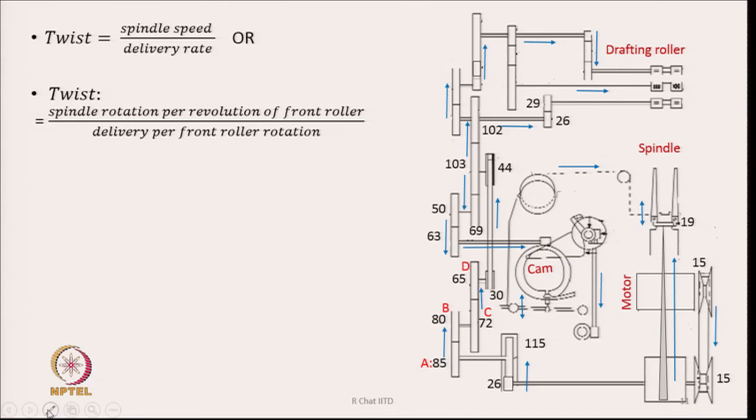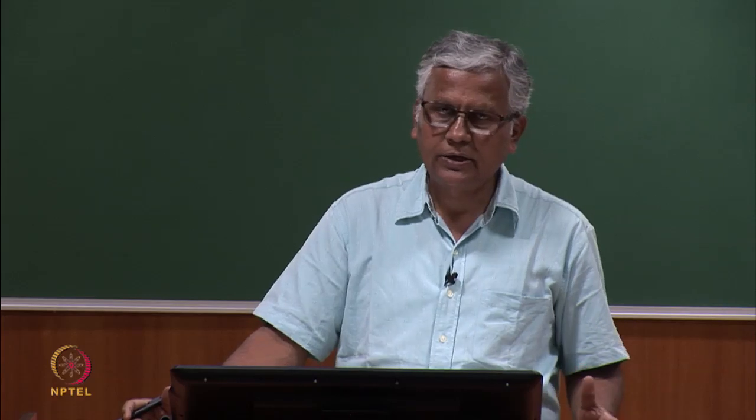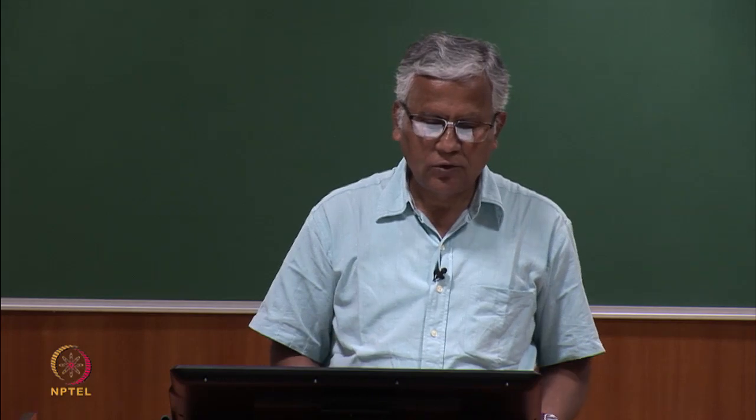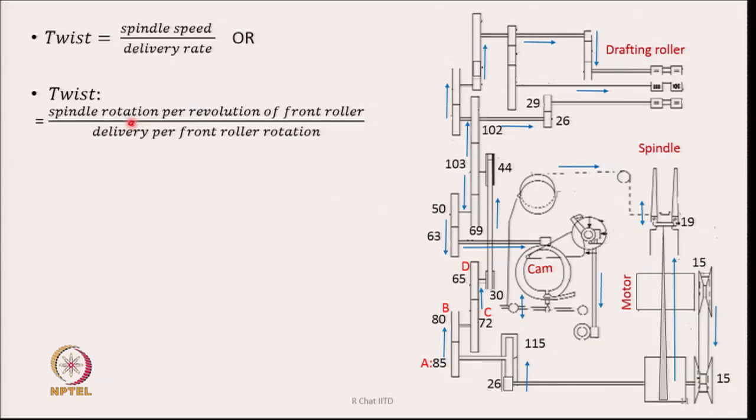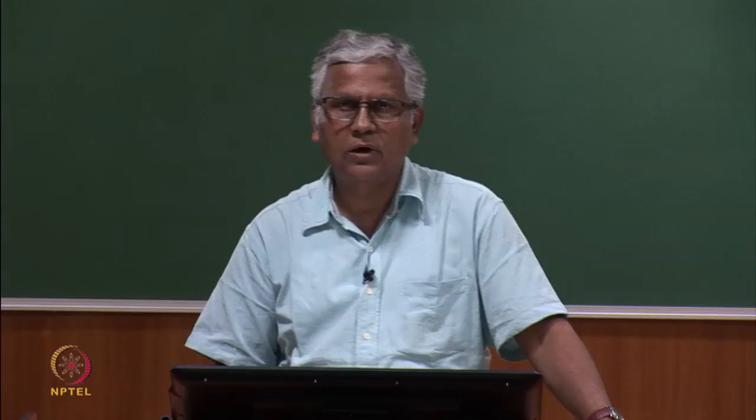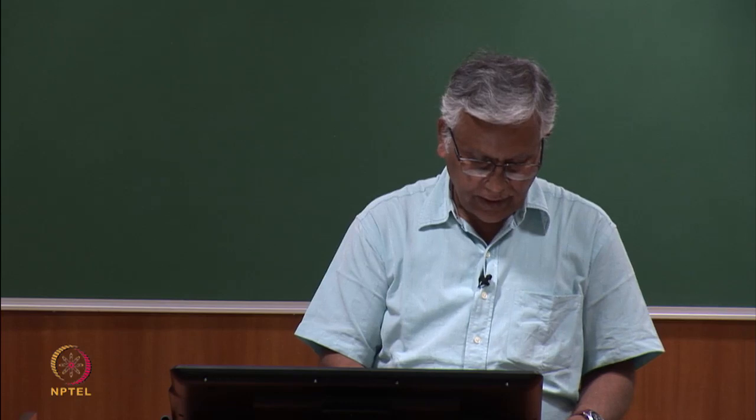That is, instead of measuring or estimating the actual speed, we can also find the twist by finding out how many revolutions the spindle makes in one turn of the front roller, and how much yarn is delivered in one turn of the front roller. If we take the ratio of these two, we can find out how much twist there is.